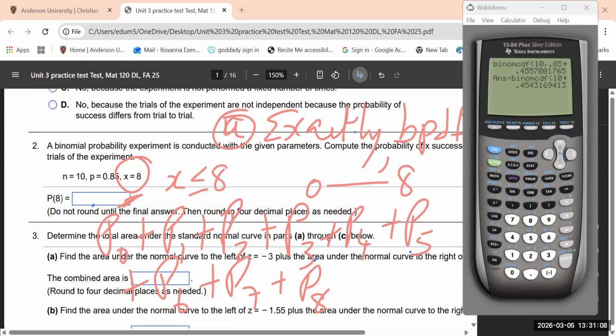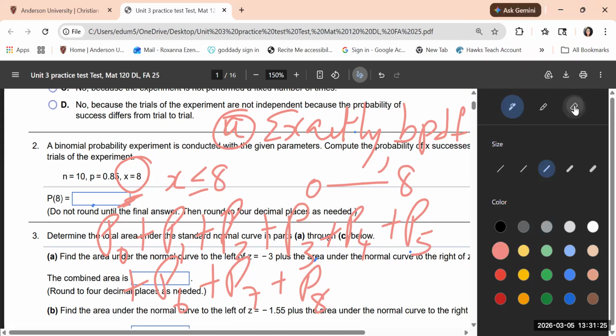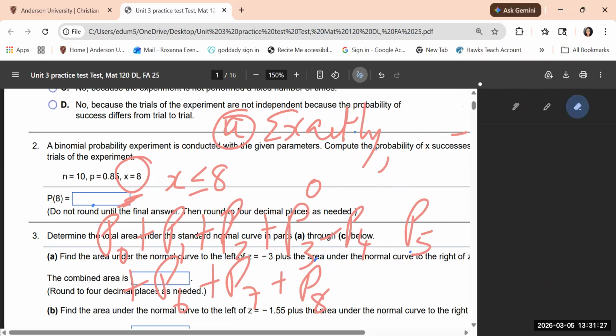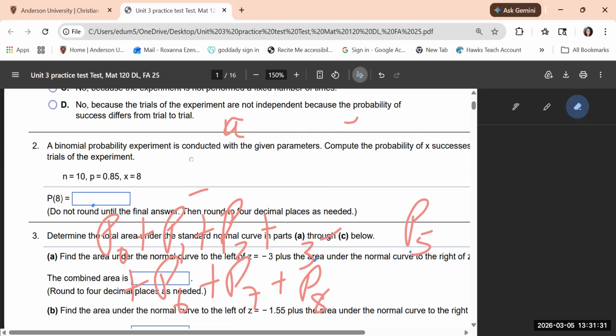I'm going to pull up a normal distribution question. For now, we will come back to binomial later on.